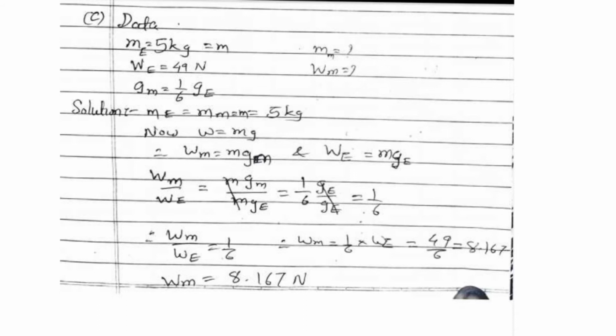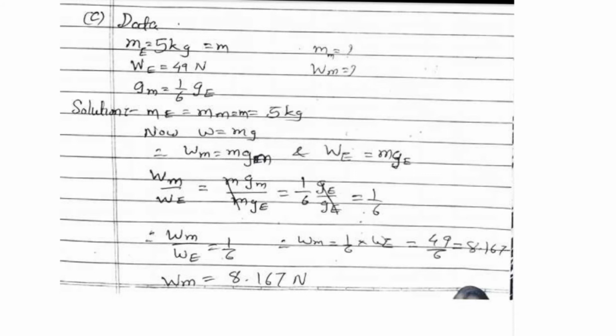So now you take the We on the other side. So Wm, this We you take here. So Wm is equal to 1/6 of We. That means you have to write down 49 is the weight on the earth, now 49 Newton. So 49 divided by 6.